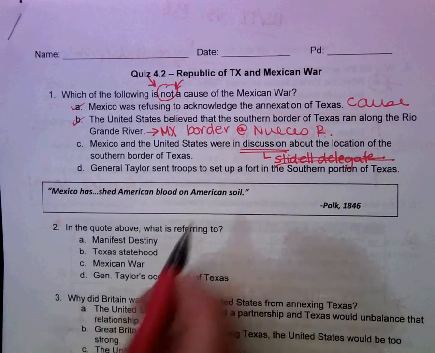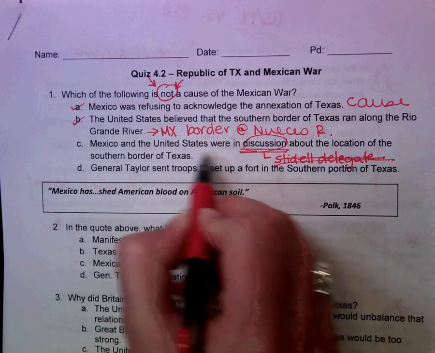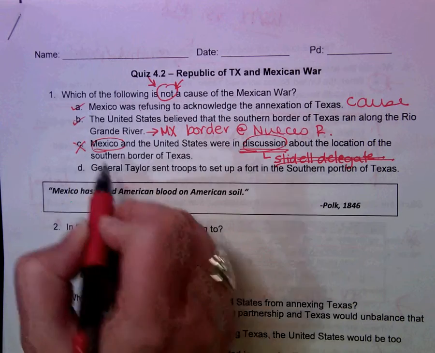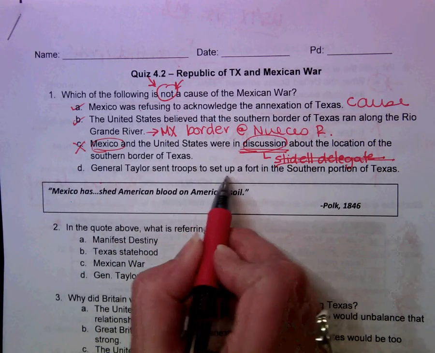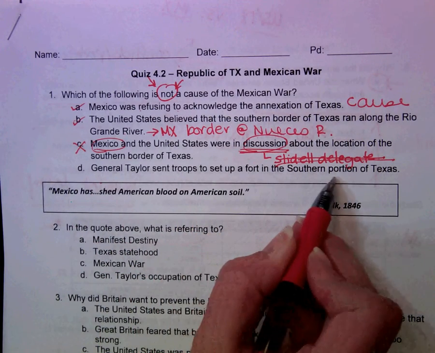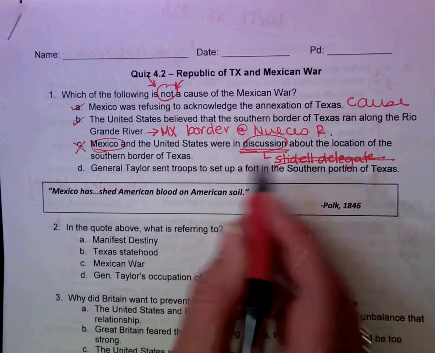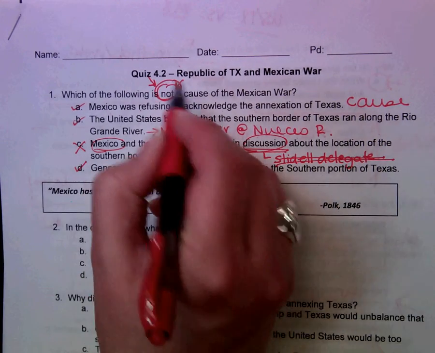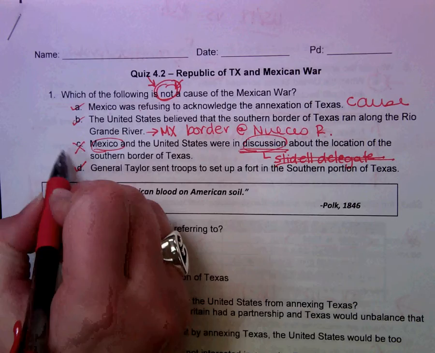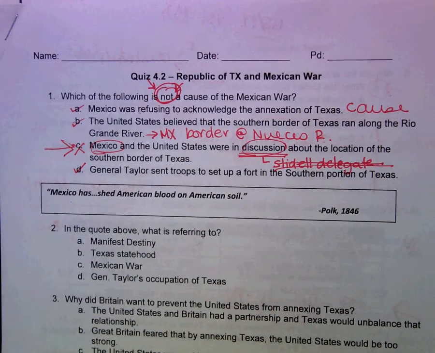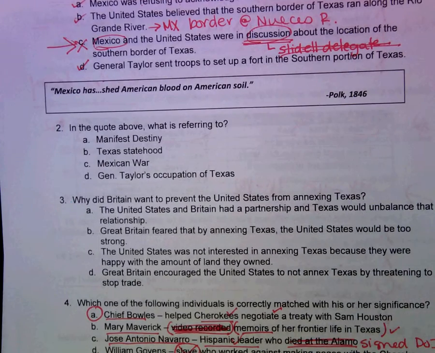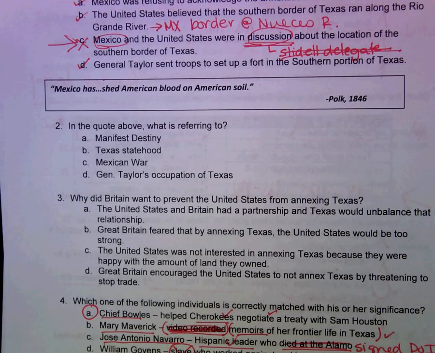So they tried discussions, but Mexico said no. General Taylor sent troops to set up a fort in the southern portion of Texas. Is this true? So which one is not a cause? C is our answer. Okay? Questions. Hannah?